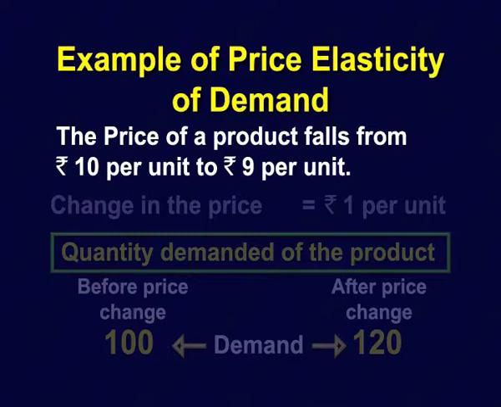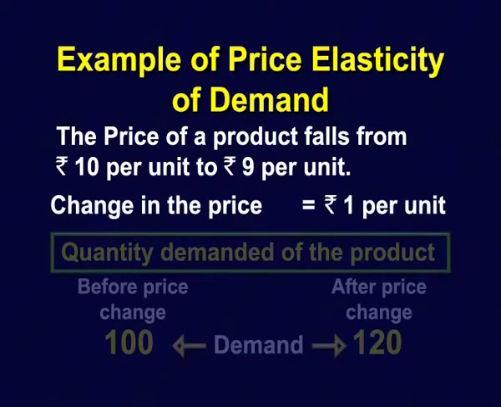Suppose the price of a product falls from rupees 10 per unit to rupees 9 per unit, meaning thereby that the change in the price is to the tune of 1 rupee per unit.